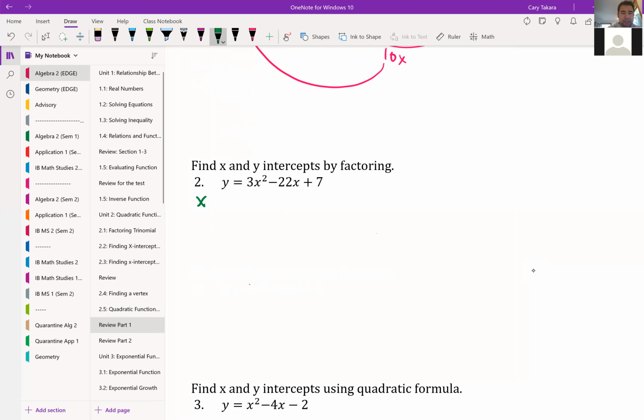To find the x-intercept, you're going to set y to 0. I know this step may seem redundant, but it's important that you keep reminding yourself that to find the x-intercept, you set y to 0. Okay, remember that. And then we're going to factor it.